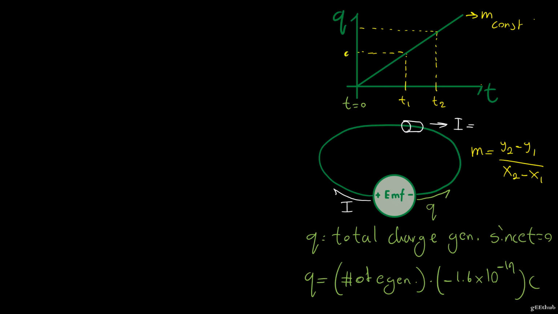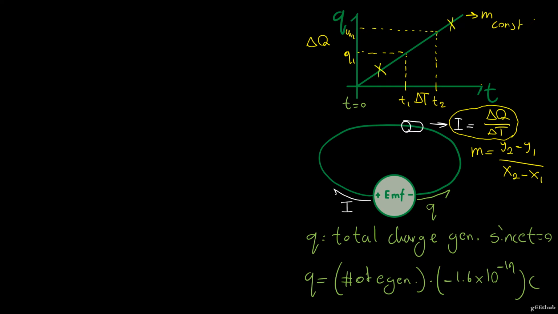So this is Q1, Q2. I'm going to call Q2 minus Q1 a delta Q and T2 minus T1 a delta T. So my current is going to be delta Q over delta T here. And because my slope is constant, it doesn't matter where I calculate it.